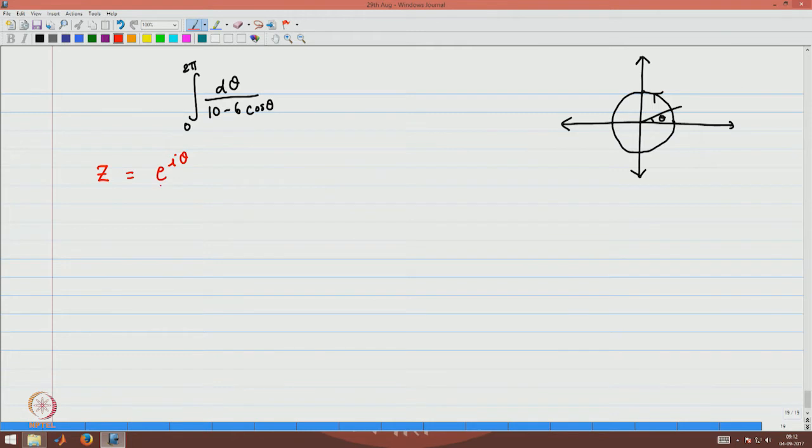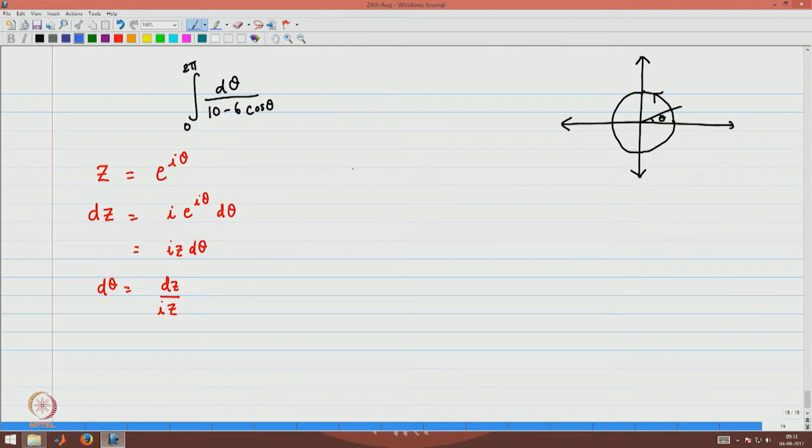What will dz become? dz equal to, the derivative of this with respect to theta, I e raised to I theta d theta, which is equal to I z d theta. So, we have d theta equal to dz divided by I z.